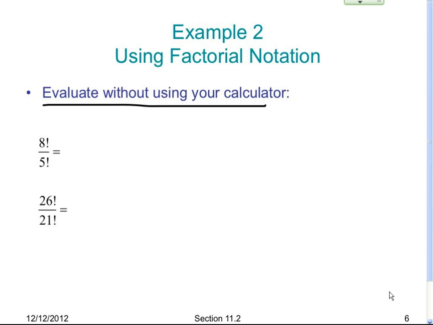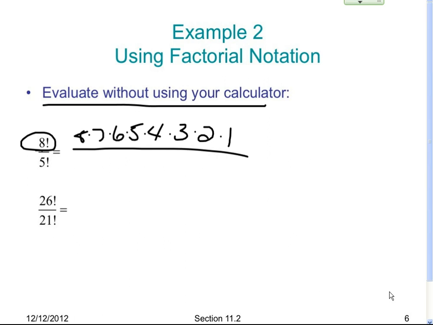Evaluate without a calculator. In this, what they want you to do, if you have 8 factorial, you know that that's the same as 8 times 7 times 6 times 5, 4, 3, 2, 1.